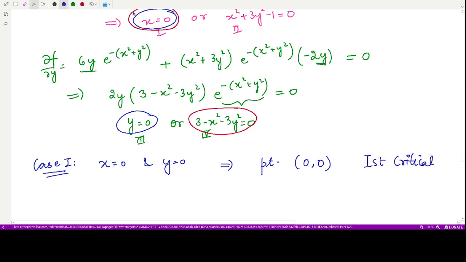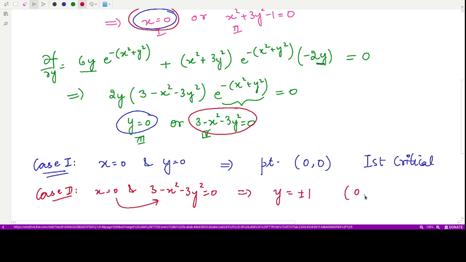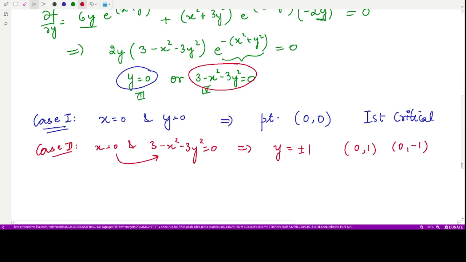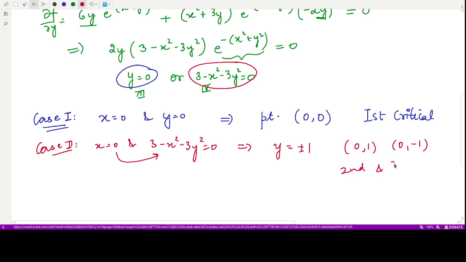Now talking about the second possibility, where you have x as 0 and 3 minus x square minus 3y square is equal to 0. When you solve these two equations simultaneously, you obtain y as equal to plus minus 1. You may check that. Therefore, the points here are 0, 1 and 0, minus 1. So you have your second and third critical points from here, right?